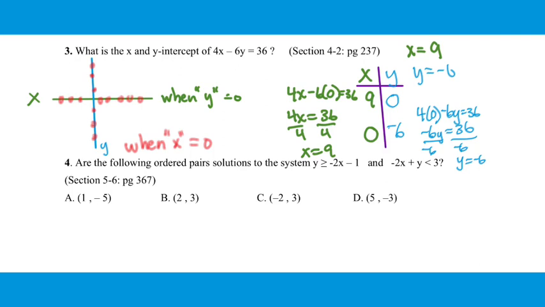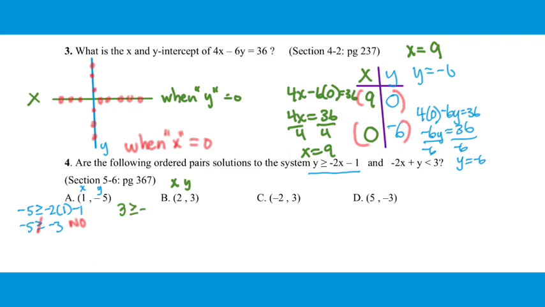On number 4, we have a system and 4 points to see if any of these are solutions. So we check the first solution in here, we substitute the values in, and we see if it's true or false. -5, is it greater or equal to -3? Well, no, it's not.